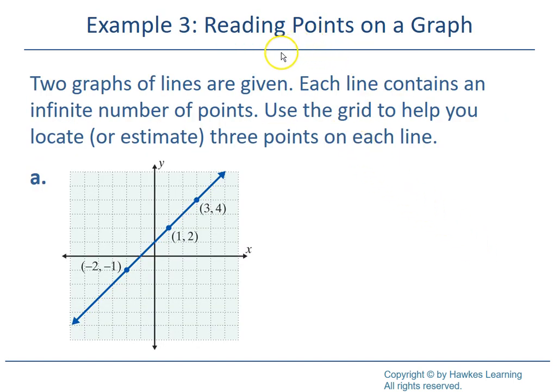Now, when you actually do a graph, you only need 2 points to make a straight line. Sometimes when we used to do them by hand, we would say, plot an extra point, or solve for an extra point, so that you're sure you are in the right direction.